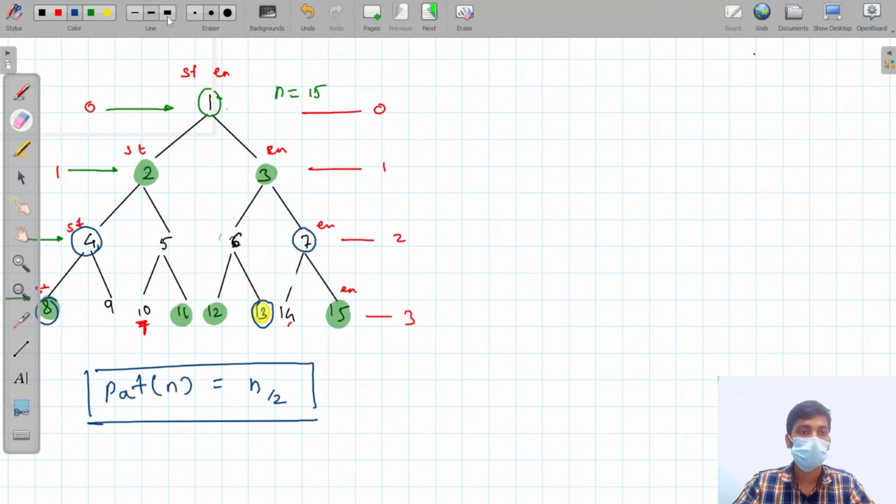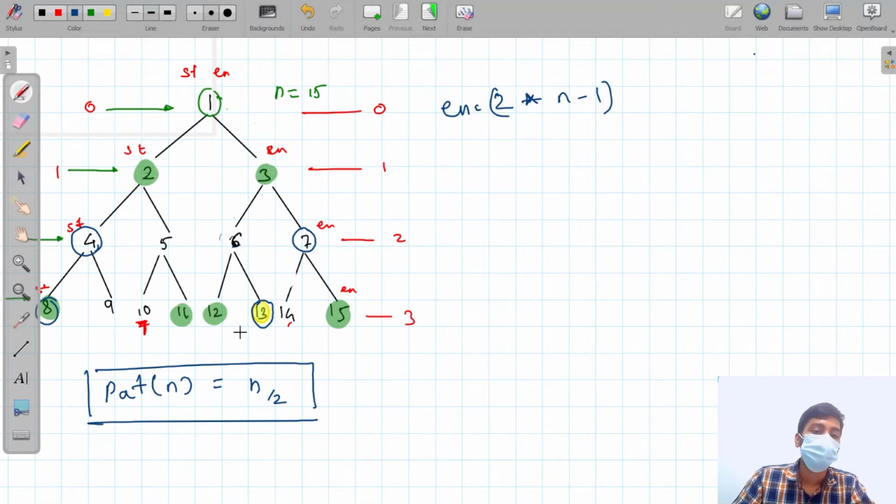And we know this property that for a complete binary tree, the summation of 1 to n is, if you are able to recall, nothing but 2 into n minus 1, right? This is going to sound clearer and easier. So if I say that the ending point is nothing but 2 into n minus 1, let's see if it is going to be true or not. Let's take this 11 as an example.